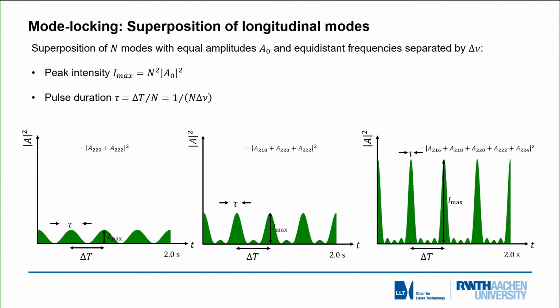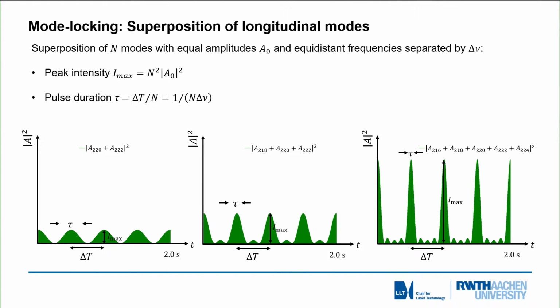So from the electrical field point of view, or the amplitude point of view, we get at 3 waves a 3-fold value, at 5 waves a 5-fold value. However, if we plot the amplitude square, the maximum value of the intensity scales with the square of the number of modes which are superimposed.